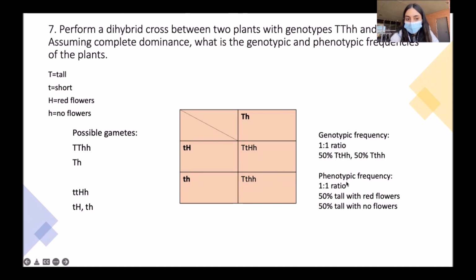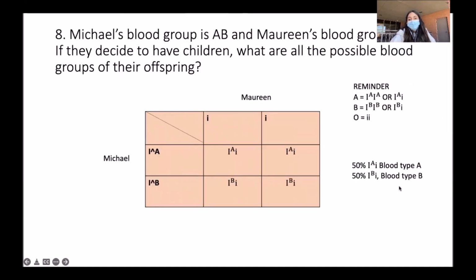For this question, we're going to look at blood types. The question is asking, Michael's blood group is AB and Maureen's blood group is O. If they decide to have children, what are the possible blood groups of their offspring?